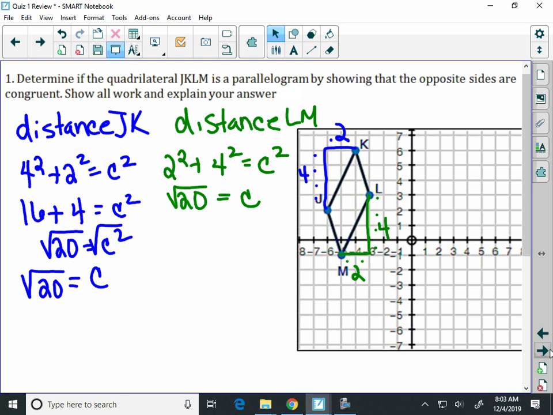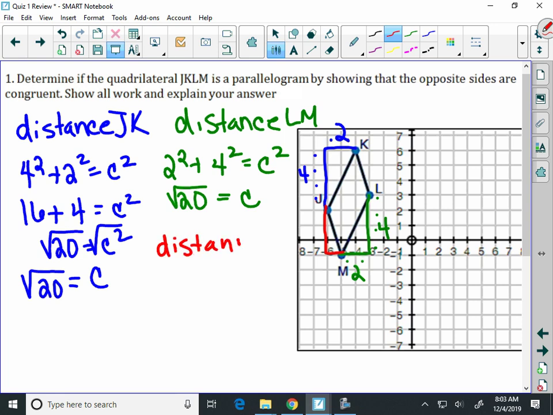But we also have to find the side lengths between J, M. So as we look at the distance of J, M, we've got 1, 2, 3, and we have 1 here.